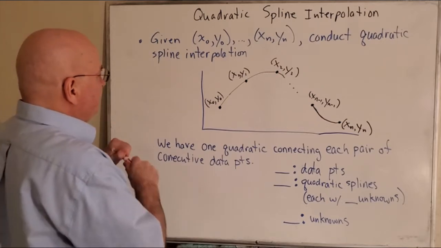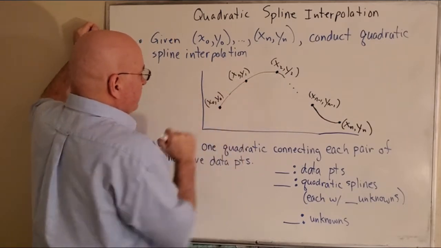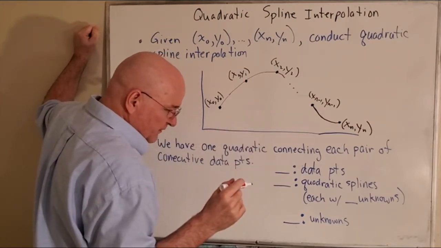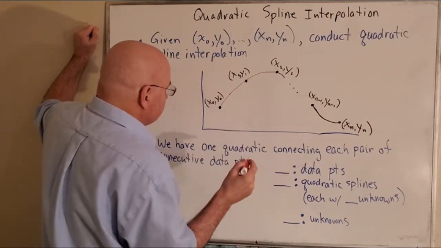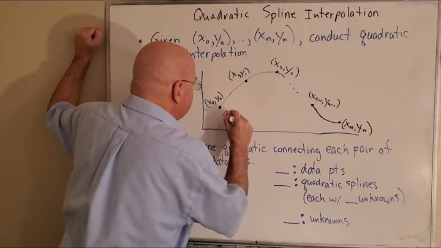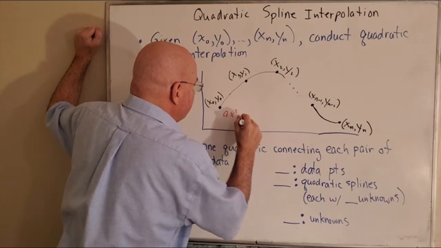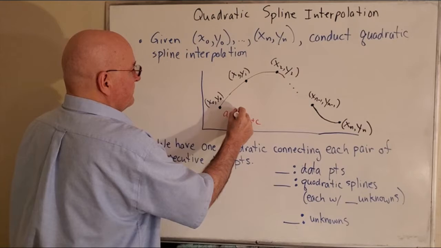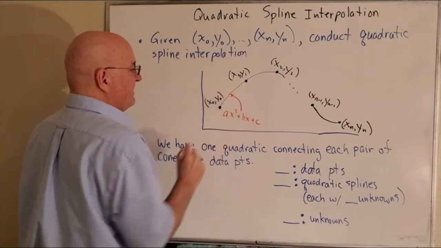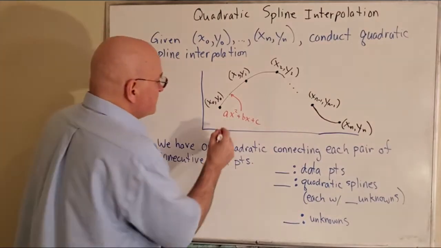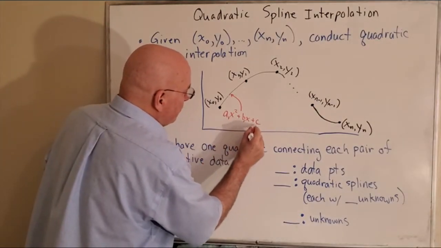Well, what we have is, between here and here, we have something like y equals, let me just write the right-hand side, ax squared plus bx plus c. That's the equation of this guy right here. Now, I'm going to need several of these. So I'm going to call this a1, b1, and c1.